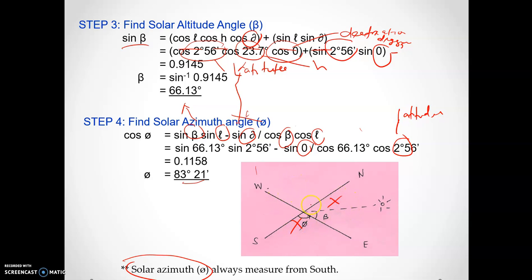If evening, it is here, but it is in the morning, so from the south, the solar azimuth of 83.21 is measured from here to here, towards the east, because from south to east it is 90 degree. So until here is 83.21. The beta is from the line here to here, and this is the line of the sun. Alright. See you in the next video for the next example. Thank you.